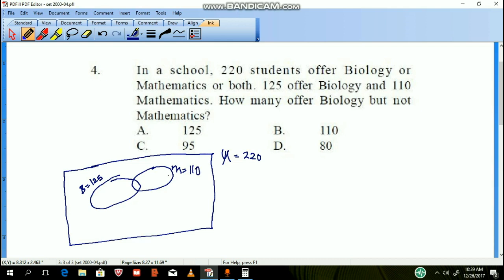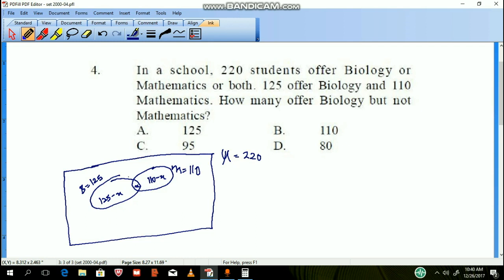How many offer biology but not mathematics? Okay, first thing first, you need to get the number that offers both. So this will be 125 minus x. This will be 110 minus x. So if we sum everything together, everything should equal 220.